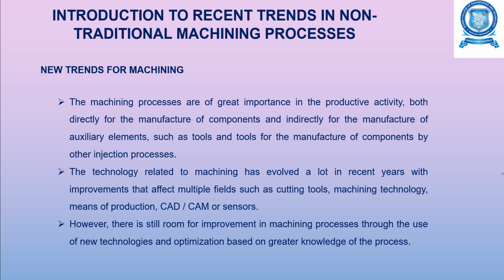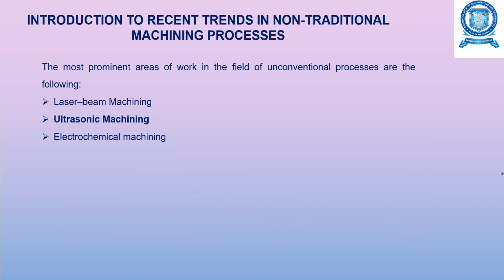So the technology related to machining has evolved a lot in recent years, with improvements that affect multiple fields like cutting tools, machining technology, means of production, CAD/CAM or sensors. However, there is still room for improvement in machining processes by using various new technologies and optimization based on greater knowledge of the processes.